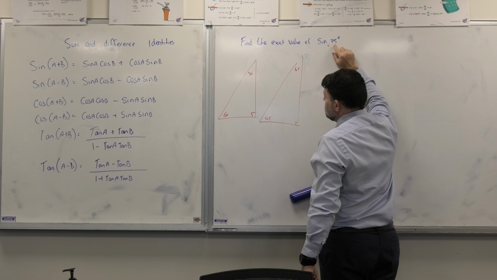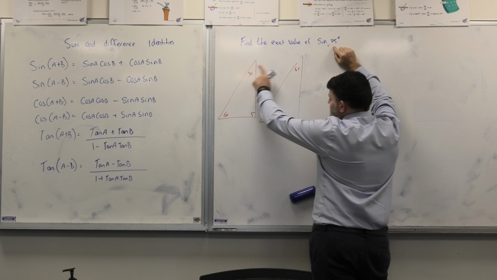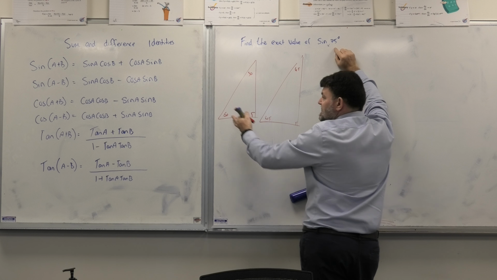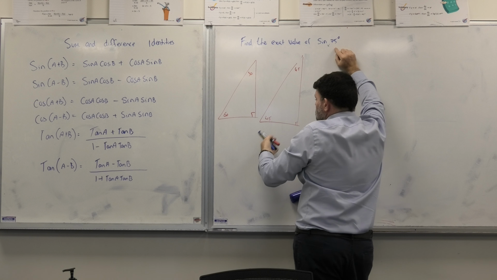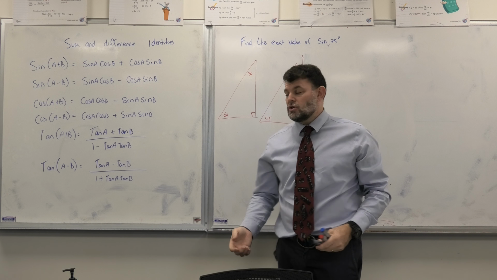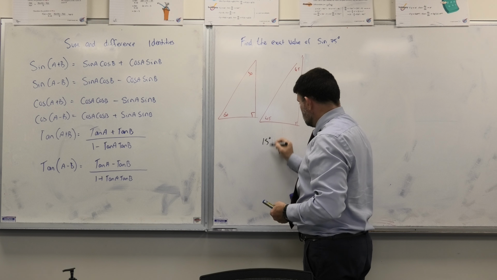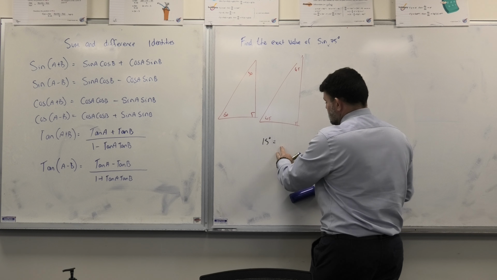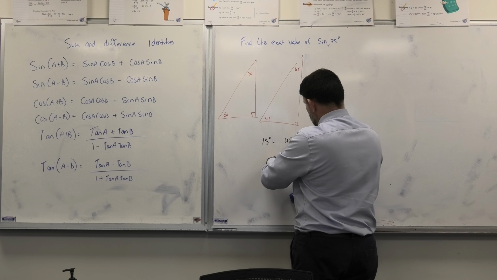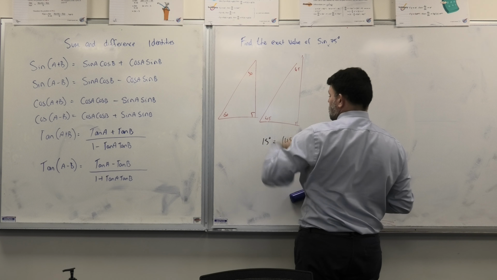A lot of the time we can make up the answer to this by looking at numbers that are common. Common numbers are like 60, 30, 45, 90, 120, 150, as long as they're numbers on the unit circle. So for instance, if I had 15 degrees here, I could break this down as 45 minus 30.